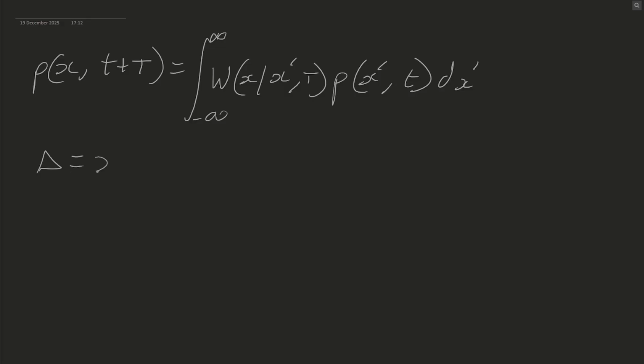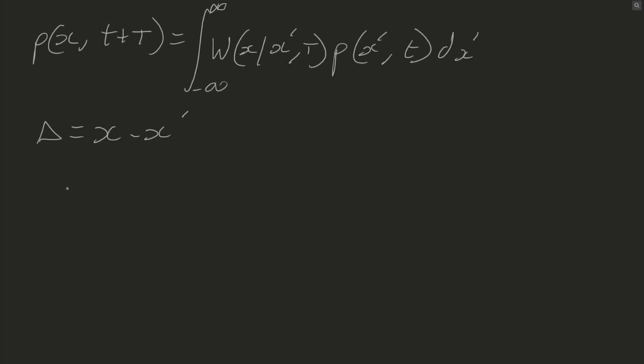Delta is x minus x prime, the jump between our current state and our predicted state. X prime, by simple algebraic rearrangement, is x minus delta, and dx prime is equal to minus d delta.